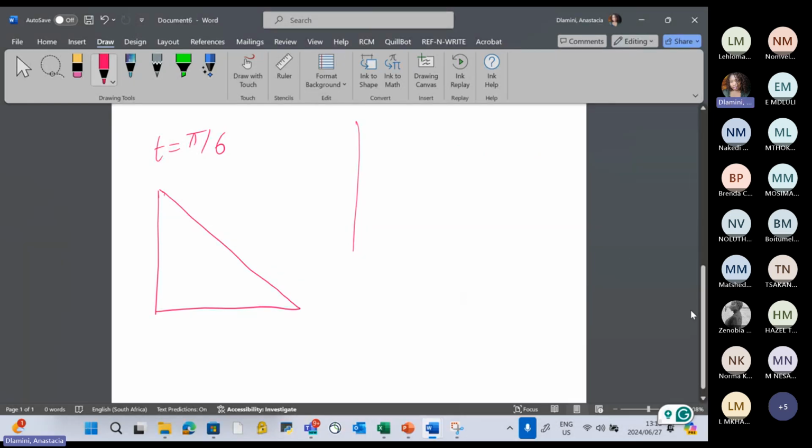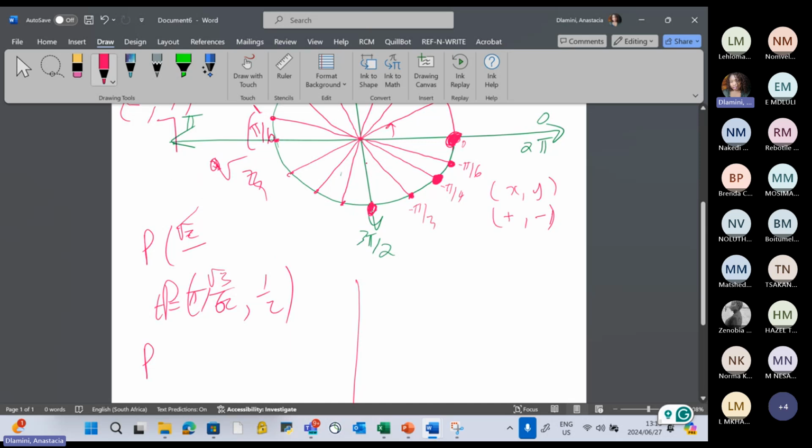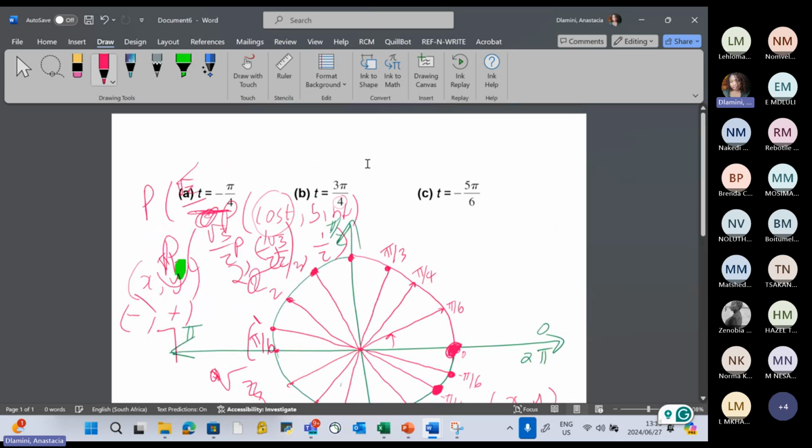But remind me, what was the terminal point of pi over 6? Root 3 over 2 and 1 over 2. So we know the terminal point.